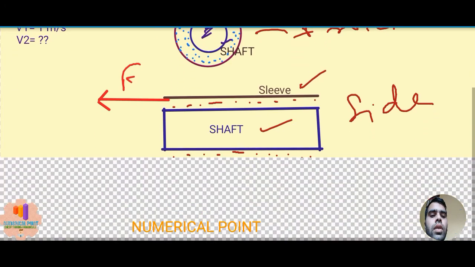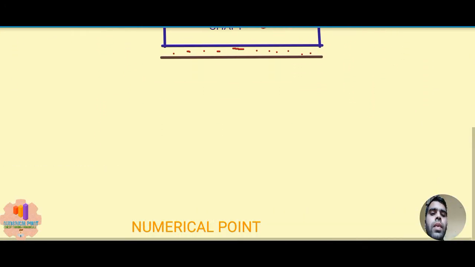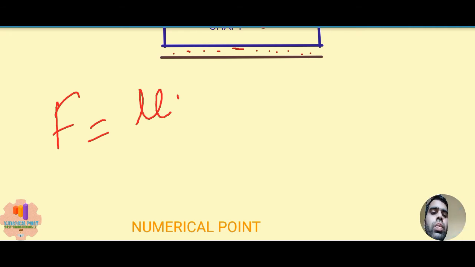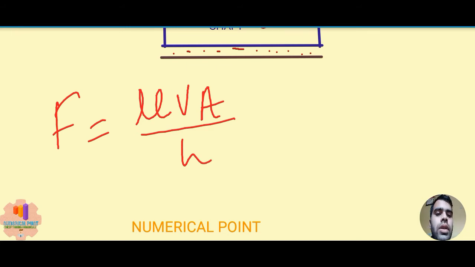What is Newton's law of viscosity? It tells us F by A is equal to tau. Taking A to that side, F is equal to mu V A by H. Here mu is constant because we are not changing the liquid.